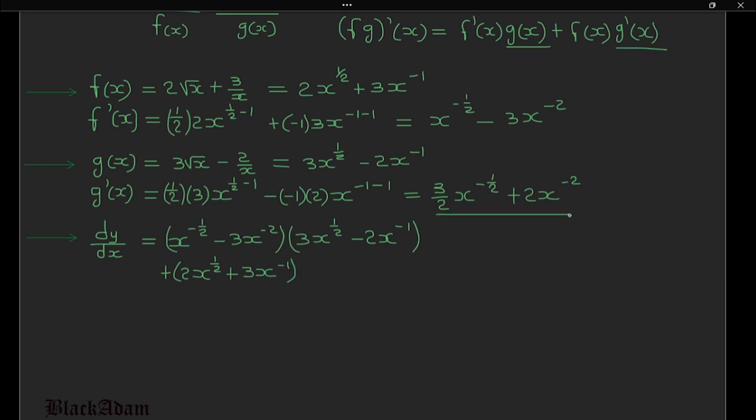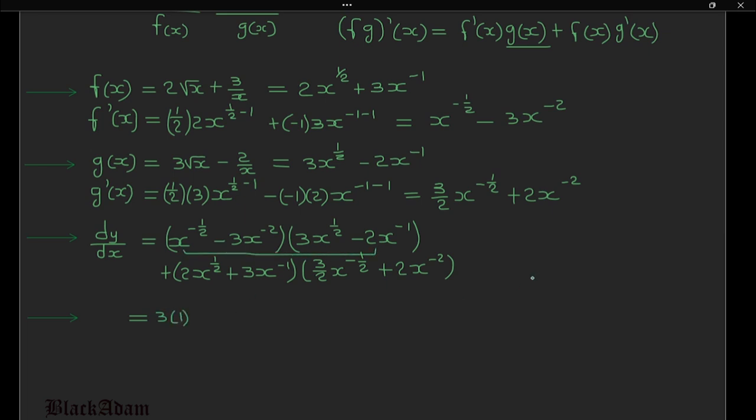And then the derivative of g of x is going to be 3 over 2 x to the power half plus 2x to the power negative 2. And then from there we have to simplify.